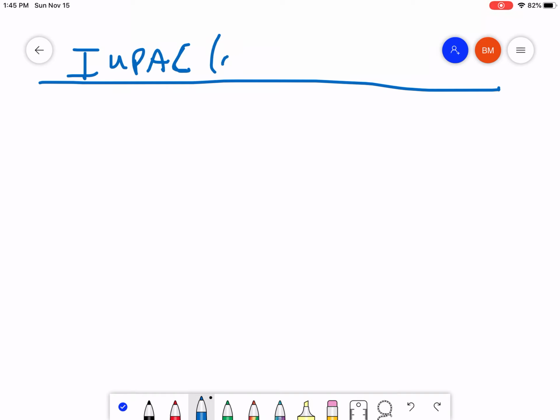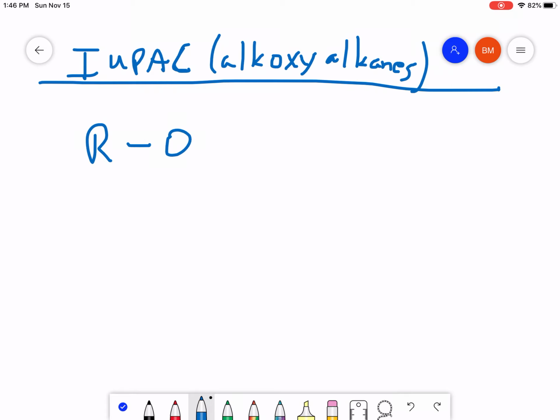In this one, we name them as something called alkoxy alkanes. Basically, what this means is our parent chain name is going to be an alkane. So our parent name could be something like propane or butane or pentane or whatever, just like we've done in the past. Let me write this down, this will make more sense. We take one of these R groups.